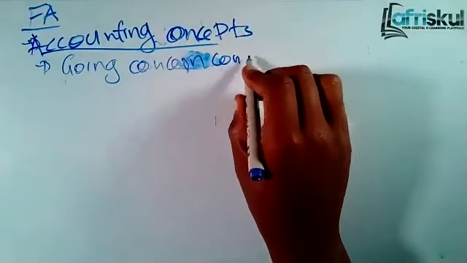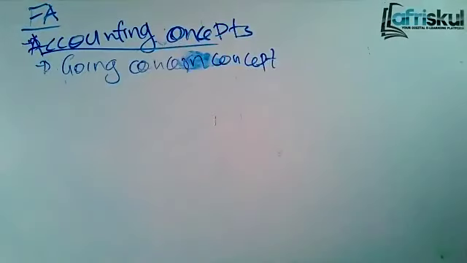So when we talk of the going concern concept, it states that the company should prepare financial statements that will be predictable or can be used for a foreseeable future. Meaning that if you see this company, it can as well survive for the coming years.